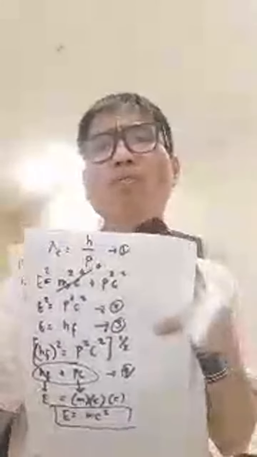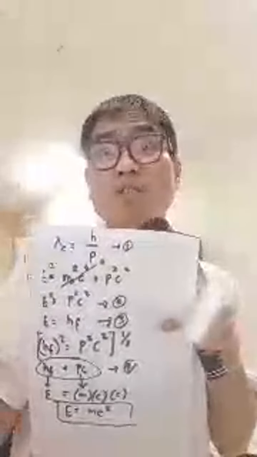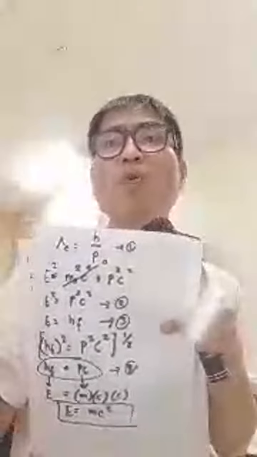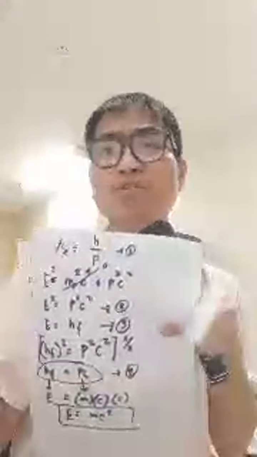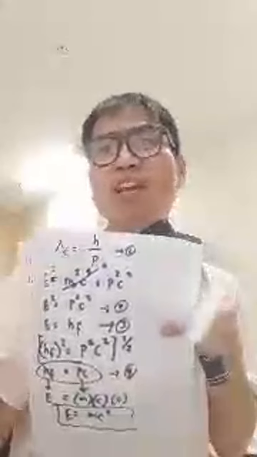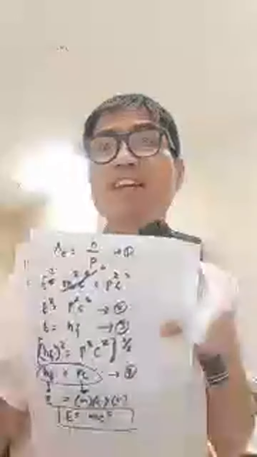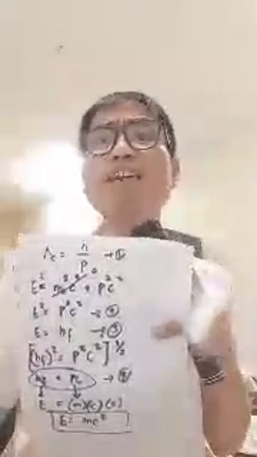Particle meaning elementary particles could be electrons, protons, neutrons, positrons, photons, bosons, fermions, quarks, leptons, electron neutrino, tau neutrino, like that. A lot of elementary particles, subatomic particles, baryons also.